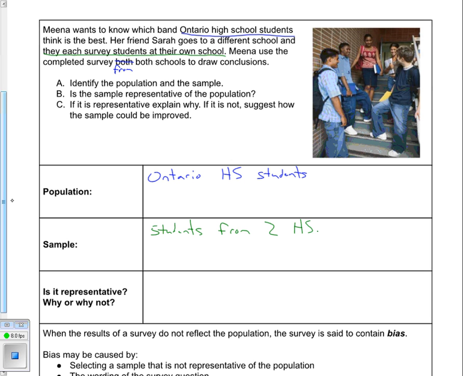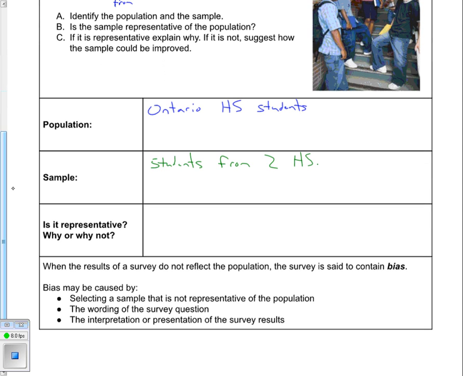So is this particular sampling technique representative? Yes or no? I would argue that this particular sampling technique is not representative. I'll do that one in red. It's not a representative sample because we don't know anything about how those people were selected.